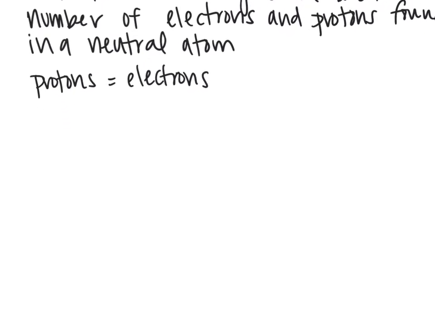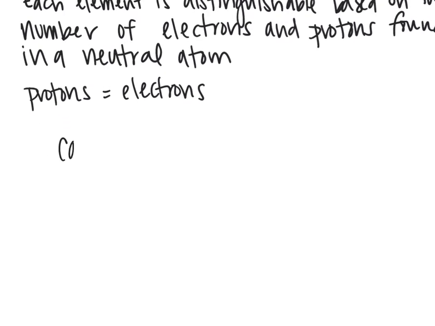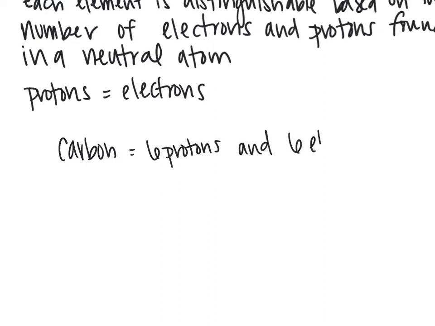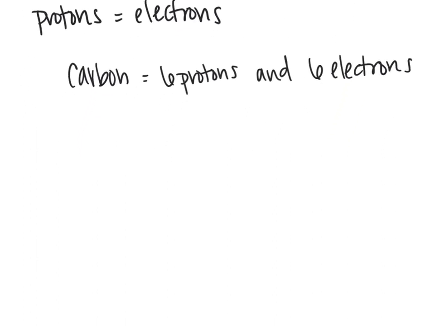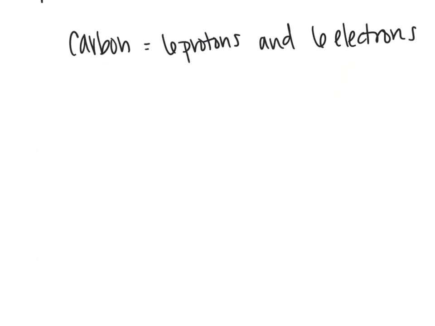So that means that when we think about carbon, it has 6 protons and 6 electrons. You may have seen something that looks like carbon 12. Sometimes we'll see something that looks like this, a 12 over a 6 with the C in the middle.